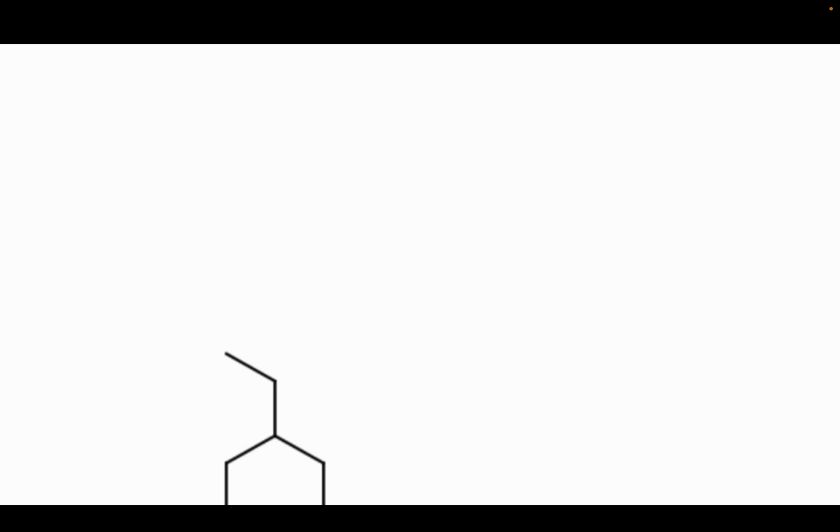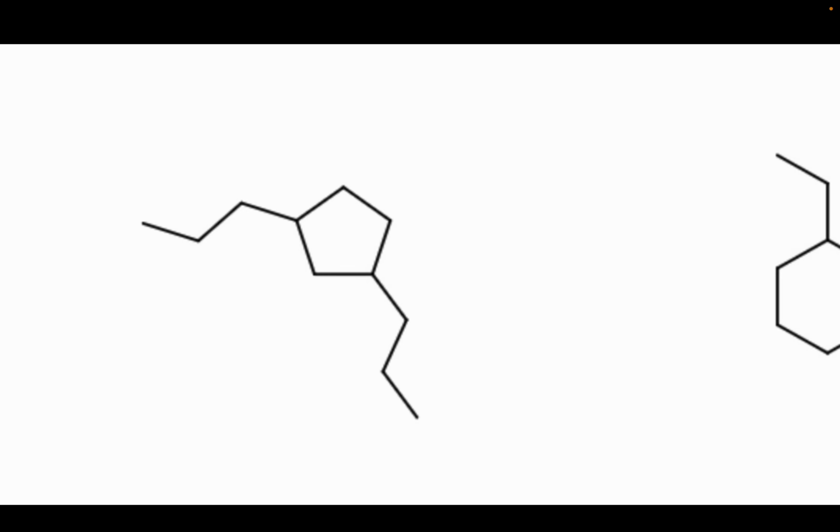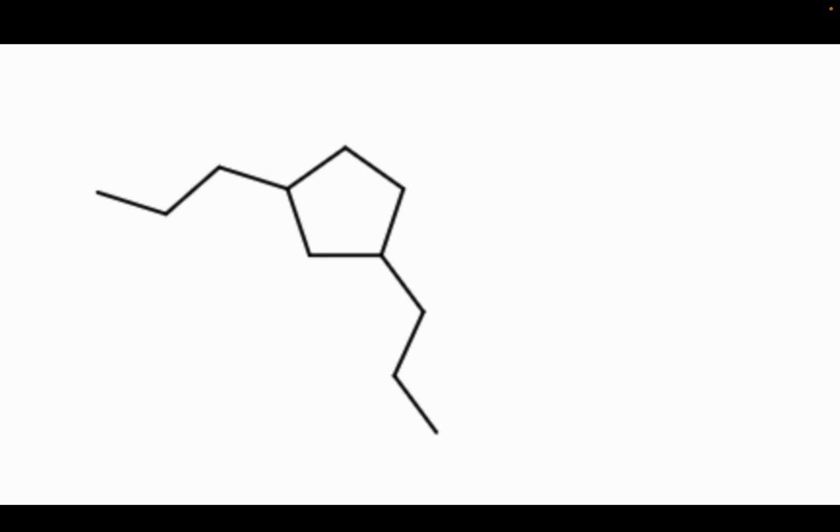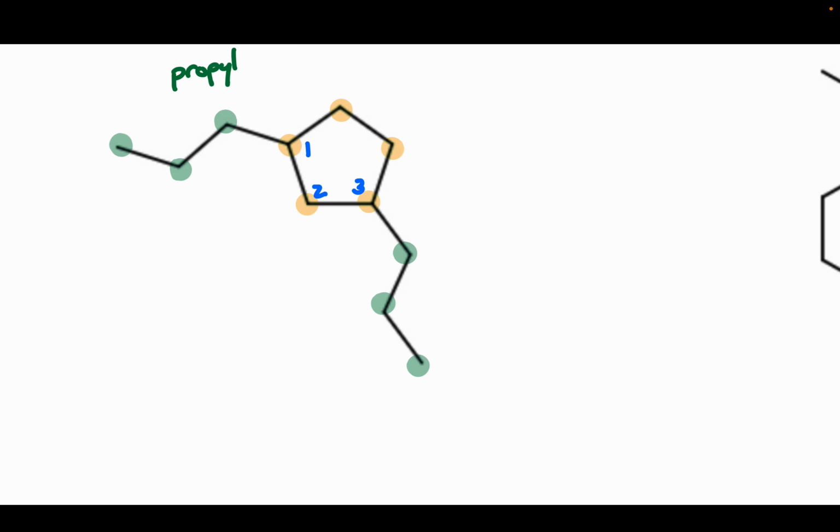All right, so then what happens if we have multiple substituents? All right, again, my parent chain, these 5 carbons. But now that I have multiple substituents, I do have to indicate how far apart they are on this ring by using our locants, by using our numbering scheme, right? So this is a 1,3-dipropyl cyclopentane.